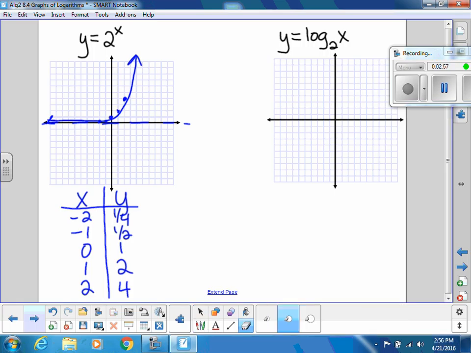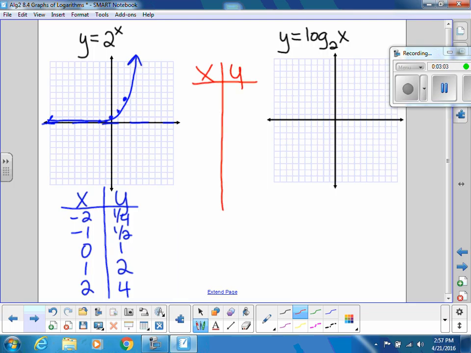So going back to our inverse functions earlier this semester, we said that the inverse function switches the x and y coordinates. So I'm going to take that blue x, y table and I'm going to switch them around. So for x, I'm going to have 1/4 and the y value is -2. Then the next one would be 1/2 comma -1. And then 1 comma 0, 2 comma 1, and then 4 comma 2.